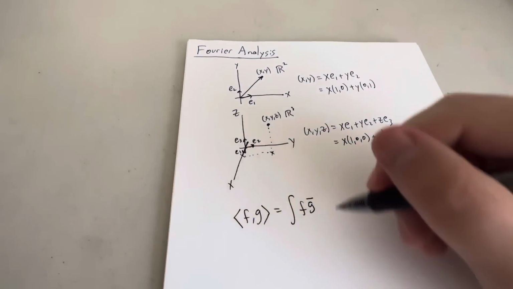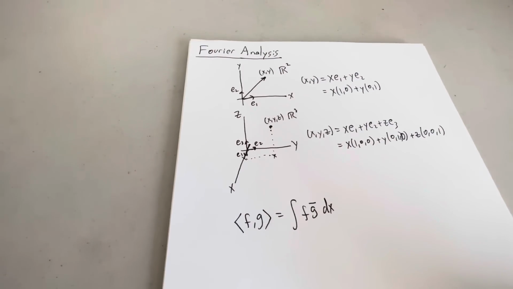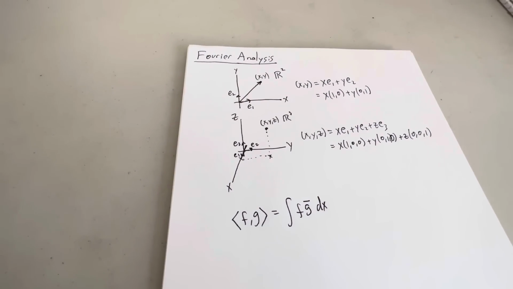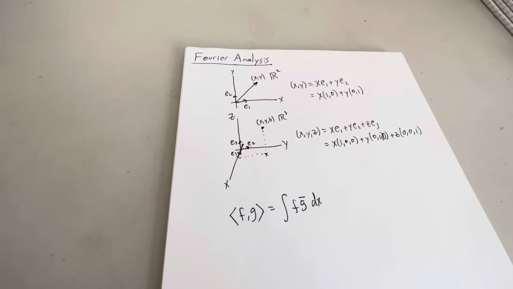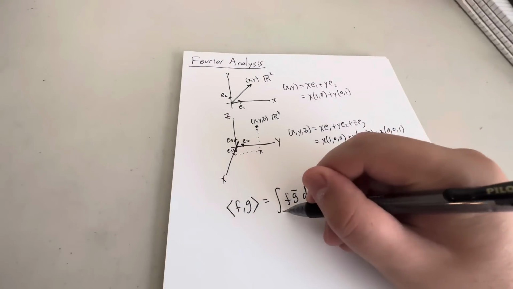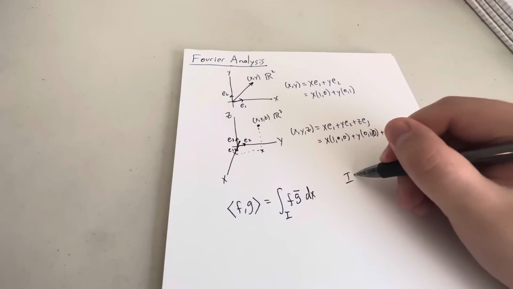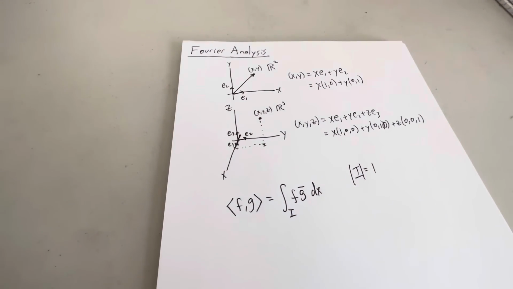I think it's conjugate, you have to double check me there, dx, forms a scalar product. And typically, I think what we want to do here to make sure everything's correct is integrate over an interval I, where I has measure 1.